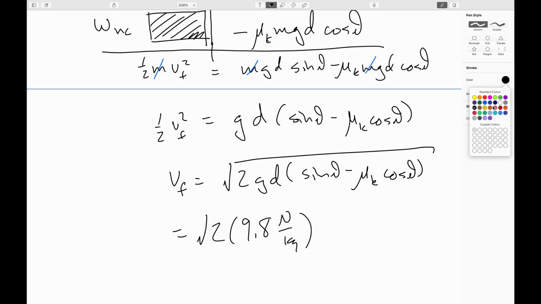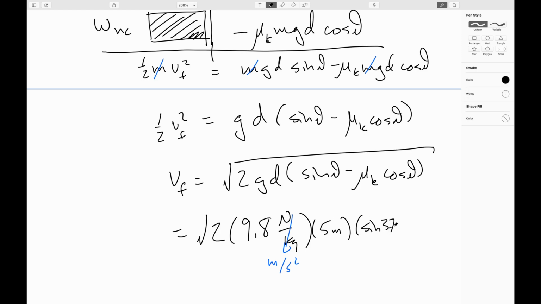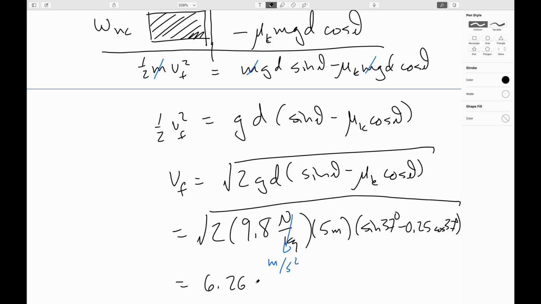And once again here, we're going to want to recast that as meters per second squared, times our displacement, which was 5 meters, times sine 37 minus 0.25 cos 37. Okay, put that all through your calculator. You get 6.26 meters per second.